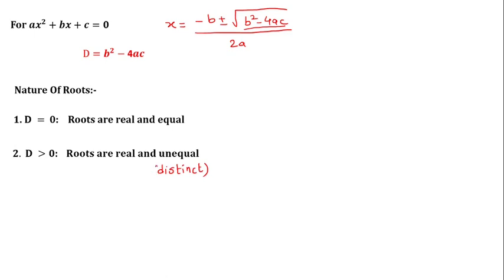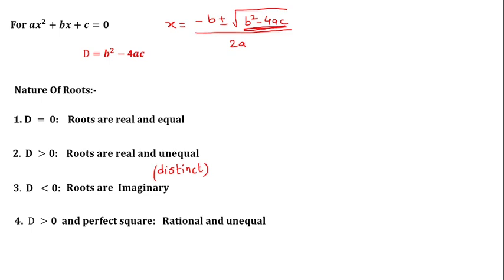So roots are real and distinct. This is the theory. The next point is D is less than 0. Now if D is less than 0, that means inside the root here, you are getting a negative number and that is called imaginary. So roots are imaginary if D is less than 0.